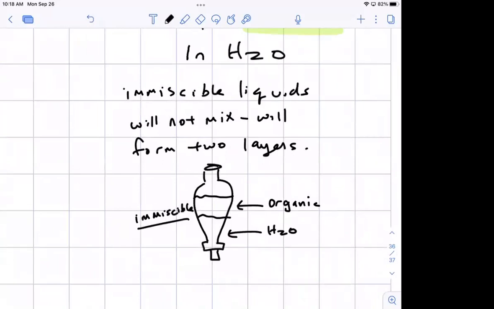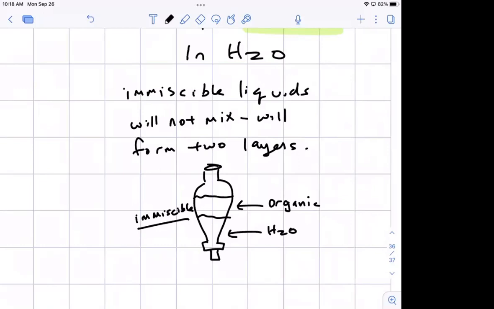Right? That's what it would look like if the two were immiscible. If they are miscible, then the water and the organic liquid will go together and they'll make one solution. There's a way to determine that miscibility as well, right?